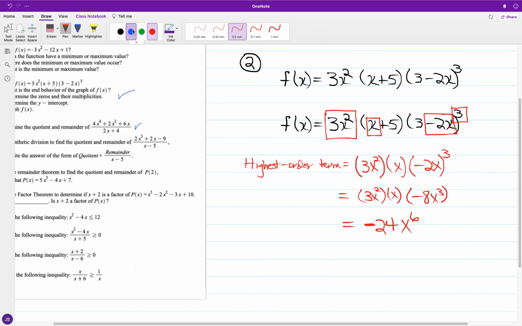So we got the leading coefficient, which is negative 24. So that is negative. And for the degree n, we have n is equal to 6.